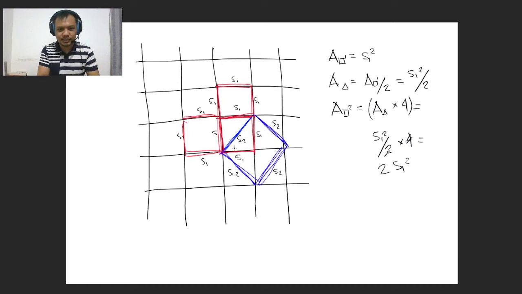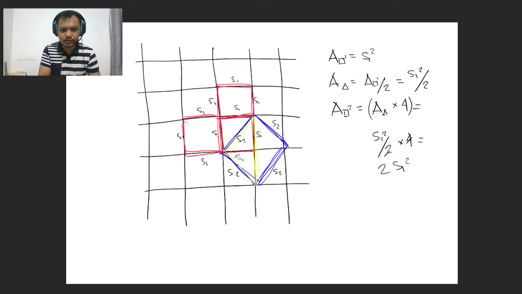So what happened is we have 2 squares of the same size as the original tile. How can we prove this? Well, like I said, all of the tiles are of equal size. So if you look at these 2 triangles right here, this forms the size of the original S sub 1 squared.